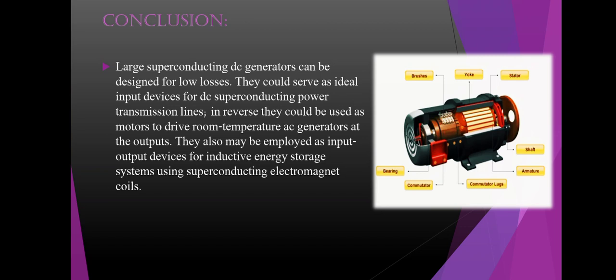There we have brushes, yoke, stator, shaft, armature, commutator lugs, and commutator bearings, so that it gets easier for the water to transfer from ground level to higher levels. Generators are mostly used in industries for the transfer of water or chemicals from one place to another without any interruption.